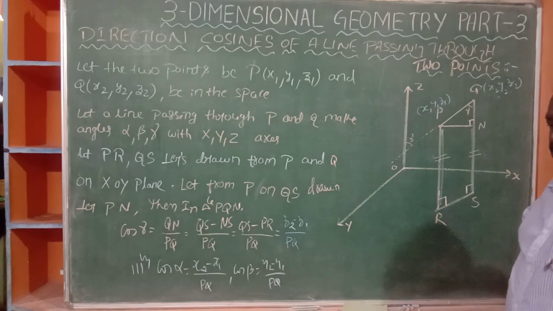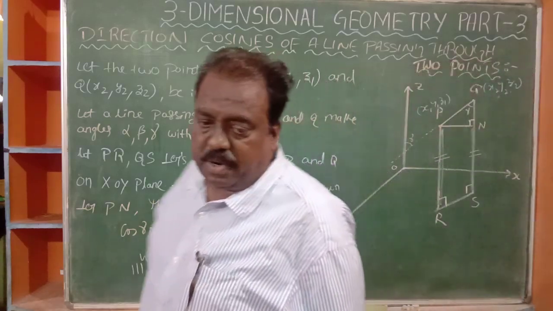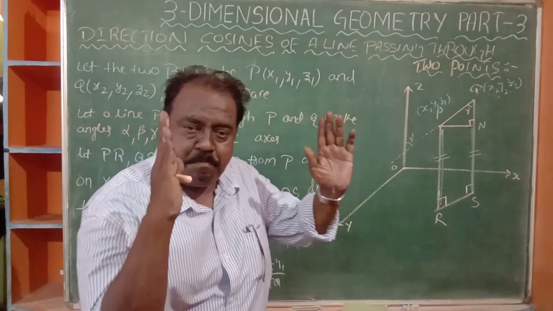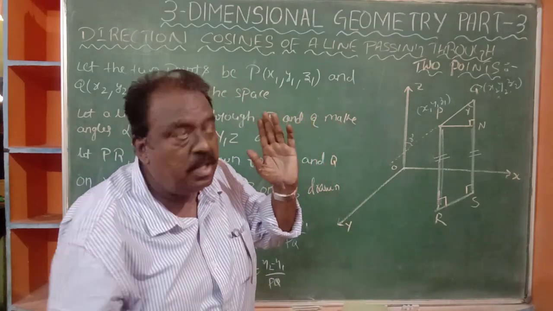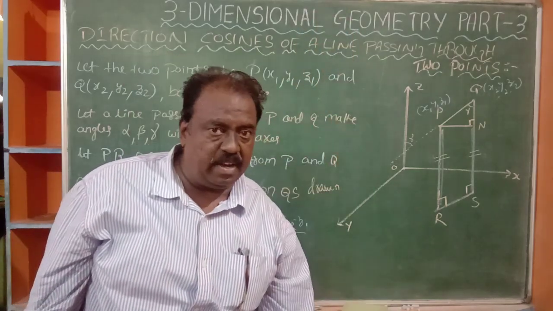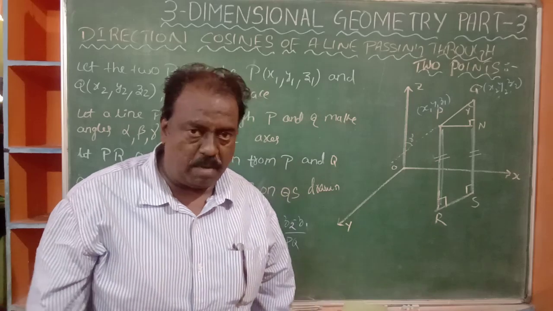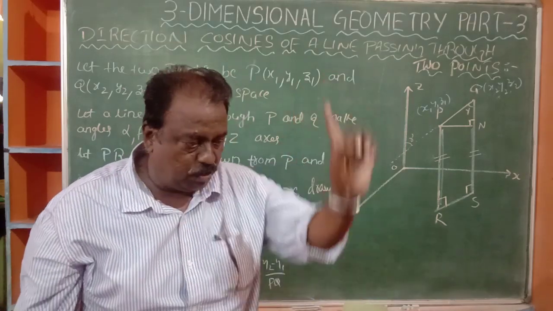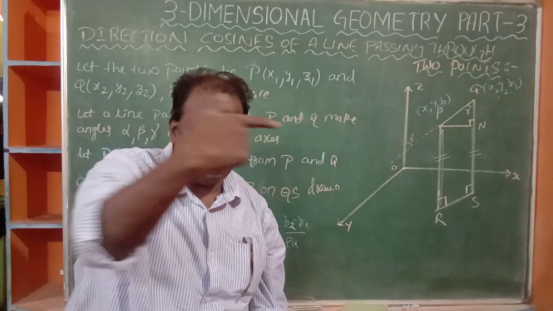It is somewhat difficult. It is your duty to assume and try to understand. PR is perpendicular in front of you. QS is perpendicular to the ground, to the floor, to the XY plane. PR, QS. Here PN is also perpendicular.